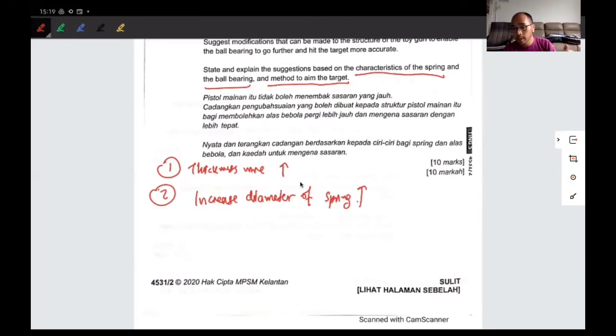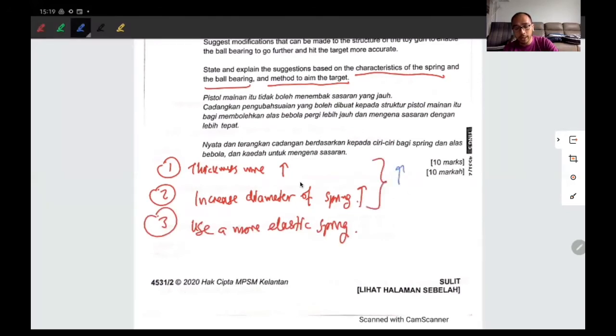What is another one? Let me see. Oh, sorry. The third one is use a more elastic spring. Now, for these, I'm going to write the reason in blue: higher spring constant.